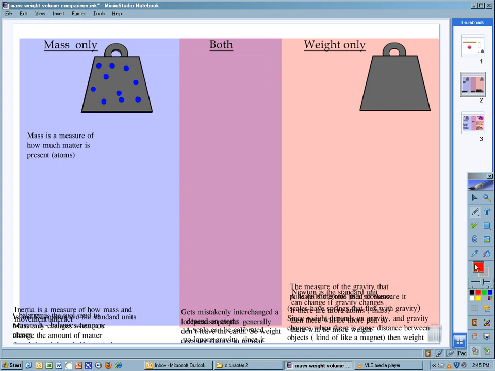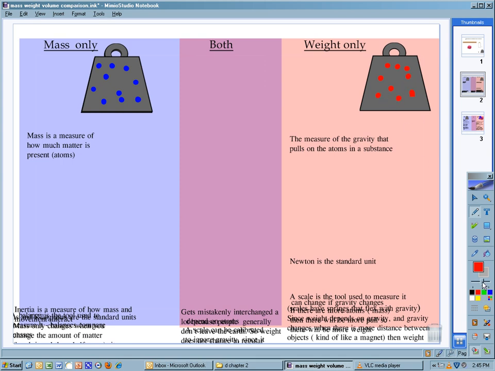All right. Now, weight is the measure of gravity that pulls on those atoms. So when you're looking at weight, those little atoms are still present. They're still there. They're still part of the deal.